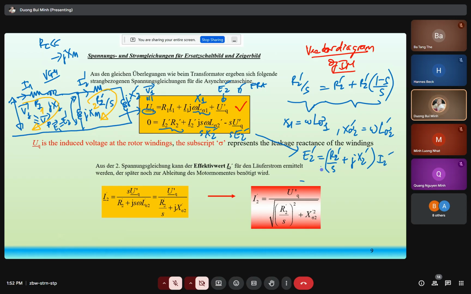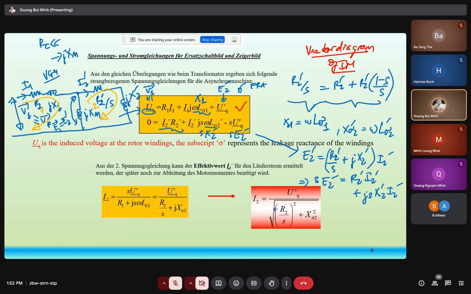Okay, so if I modify, you get S E2 over comma equal to R2 over comma times I2 over comma plus jS X2 over comma I2 over comma.